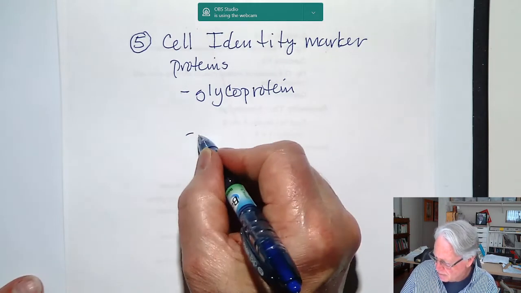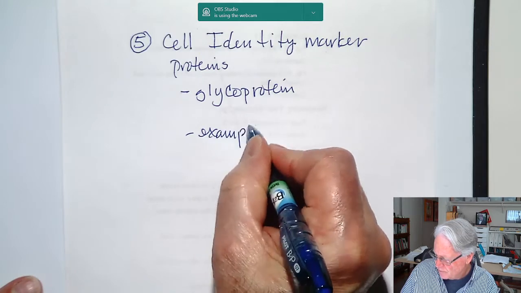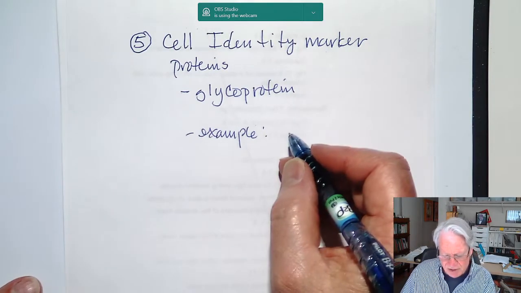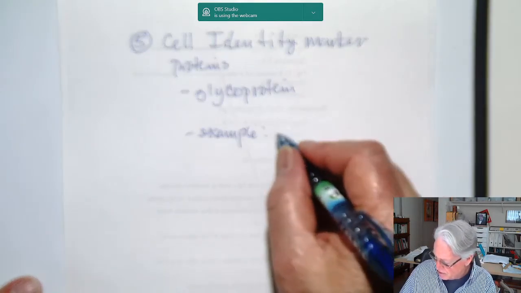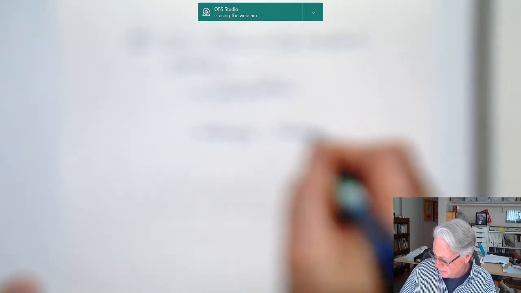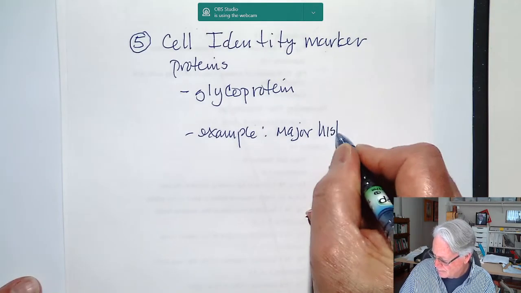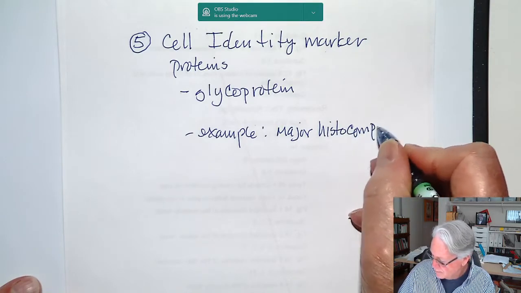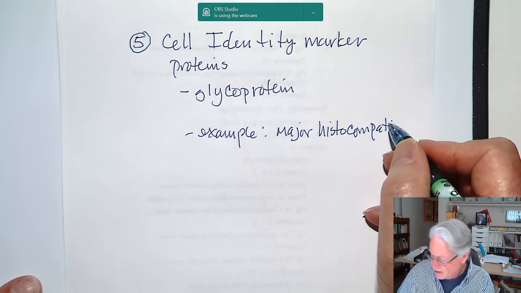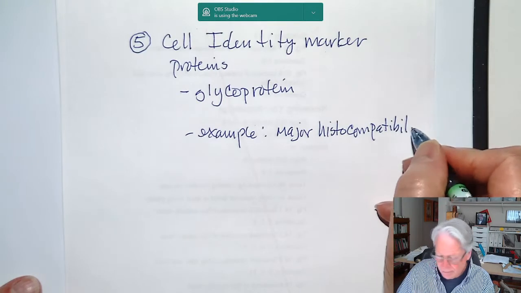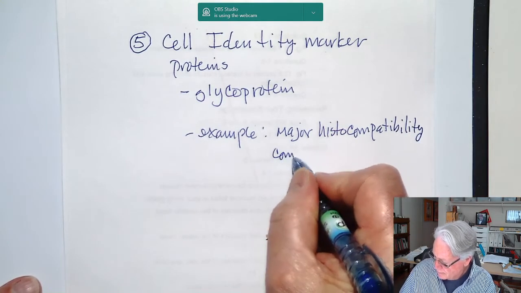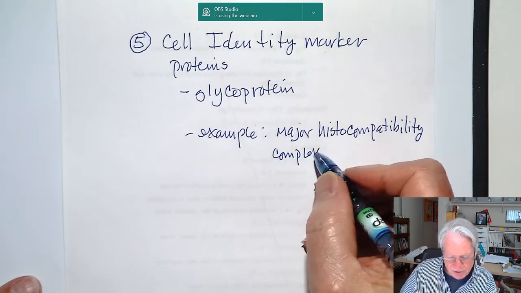One example of cell identity marker proteins is the so-called major histocompatibility complex, which is quite a mouthful, so we're going to abbreviate it, and by convention it is MHC.